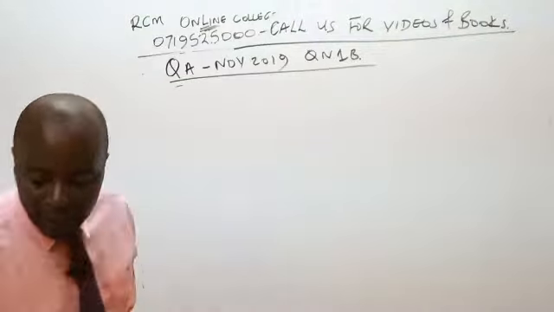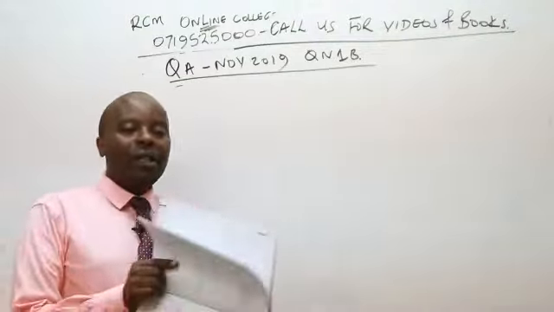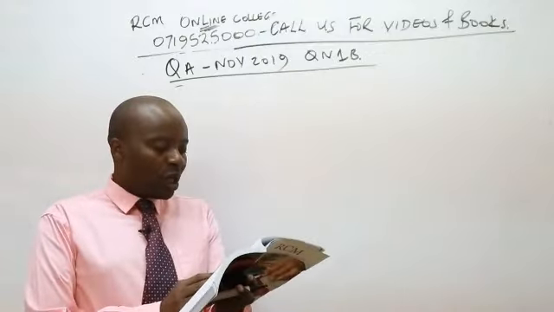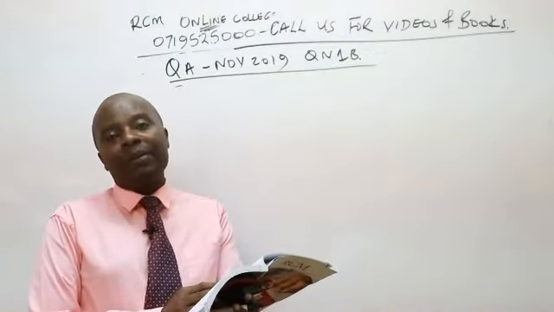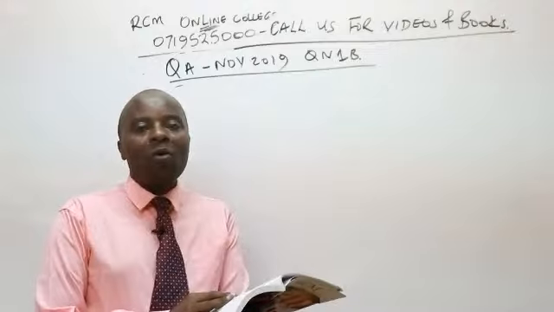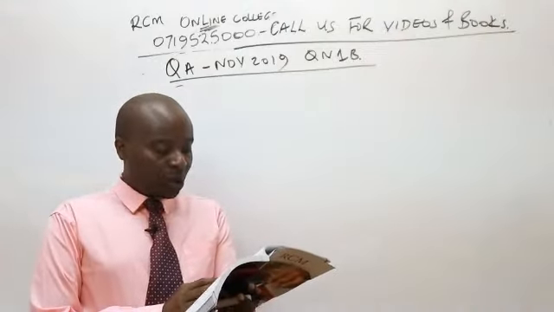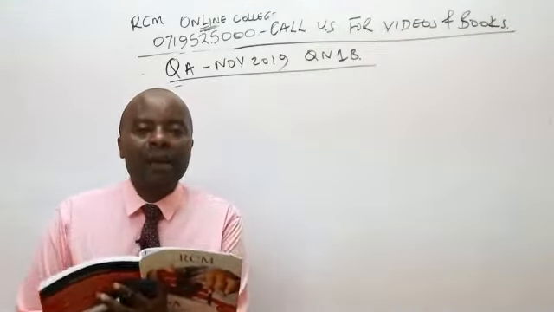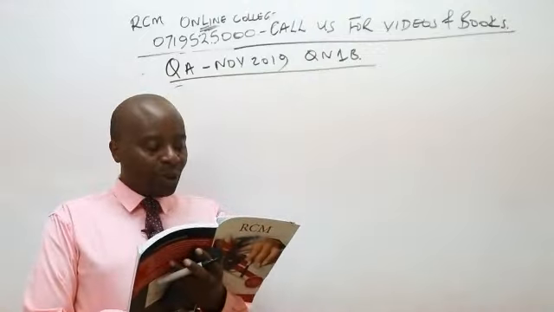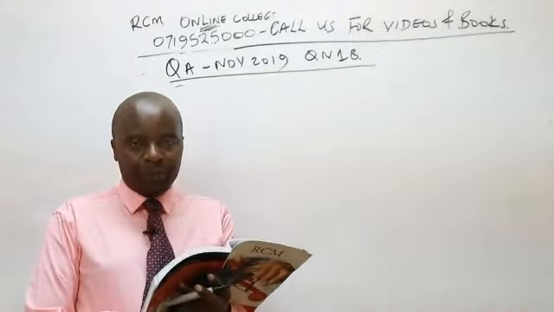Ladies and gentlemen, the next question here, which is Roman 2, is a Poisson distribution, the same data, but this time around they want us to solve using a Poisson distribution.